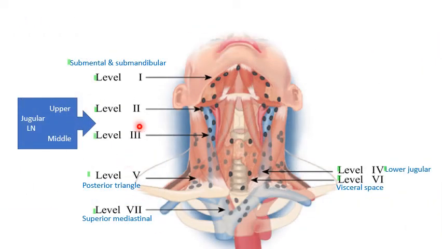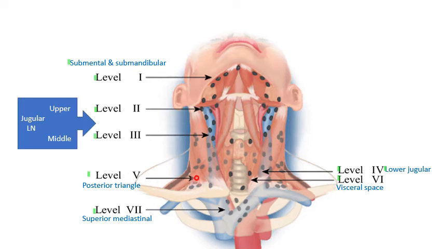Okay, this is the anterior view of the deep cervical lymph nodes. Level 1, submental and submandibular. Level 2 is the upper jugular lymph nodes, or the superior deep cervical lymph nodes. Level 3 will be the middle deep cervical lymph nodes, and level 4 will be the lower deep cervical lymph nodes, superior, middle, and lower.